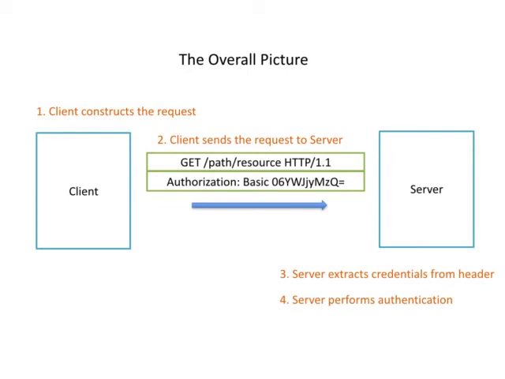The server then uses these user credentials to validate the authentication information against a database or an identity service, and if the authentication is successful, it performs the requested operation, which in this case is to get a specific resource.